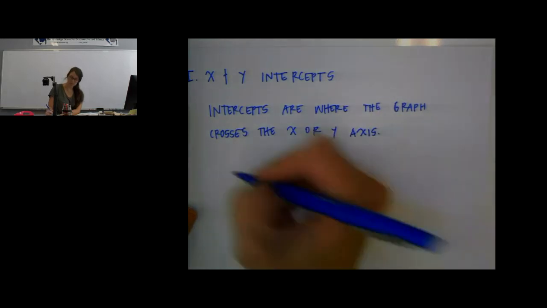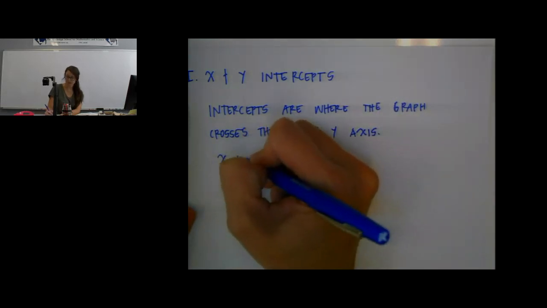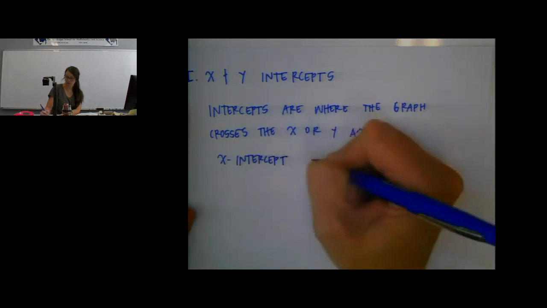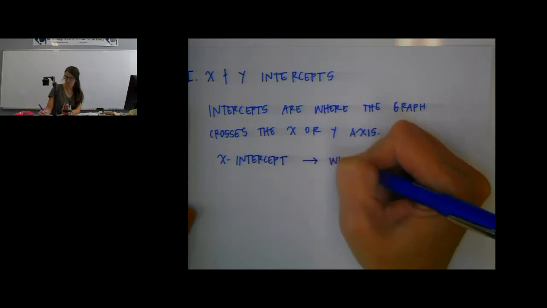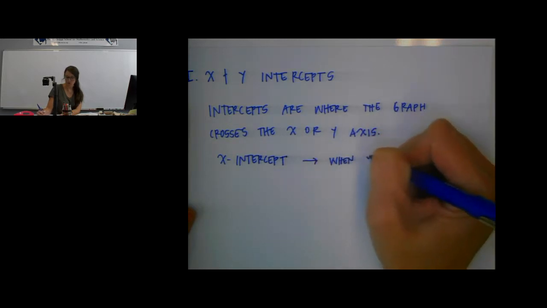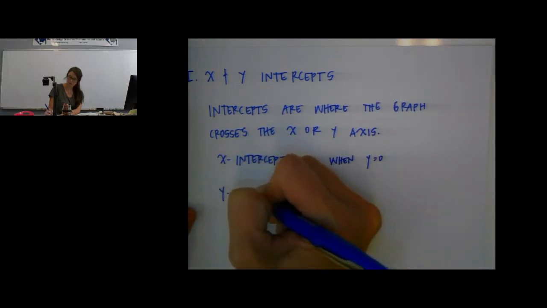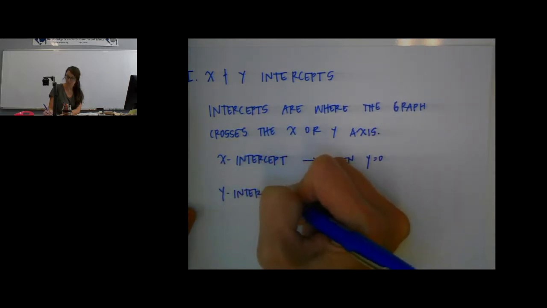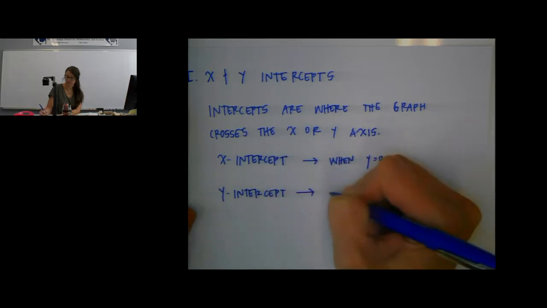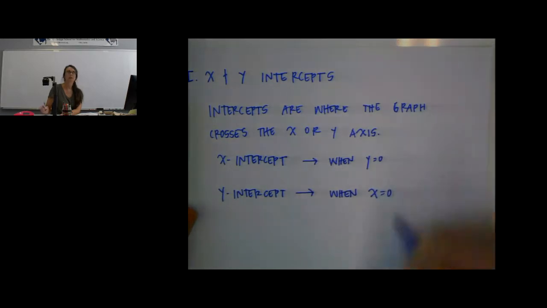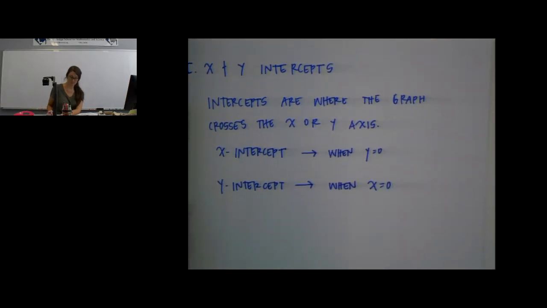Okay, so an X-intercept happens when Y is equal to 0. A Y-intercept happens when X is equal to 0.